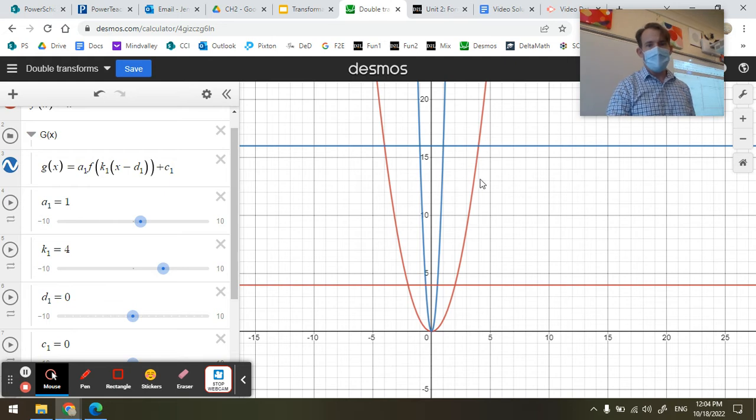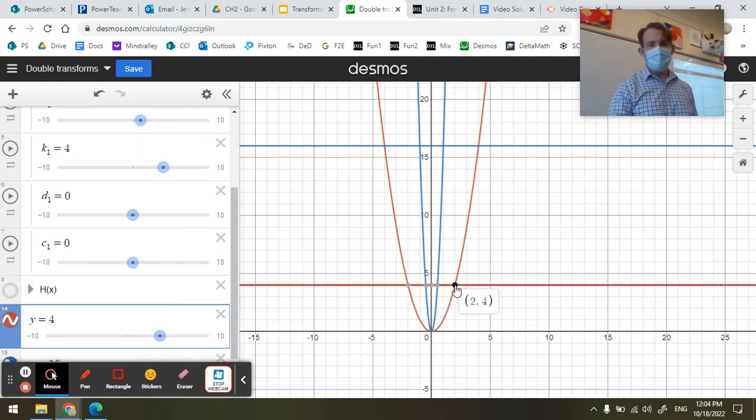Okay, so here, this point here, it used to be at (2, 4). That was 2 squared is 4. Now that point got pulled towards the y-axis. It's not at (2, 4) anymore. It's at (1/2, 4). So what we did to move this point over was we divided our x value by the K transformation.